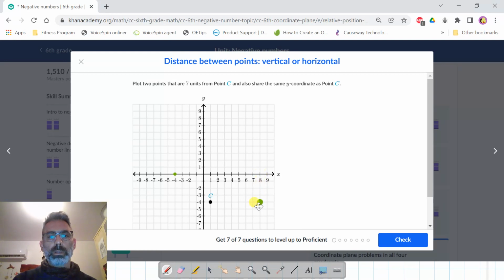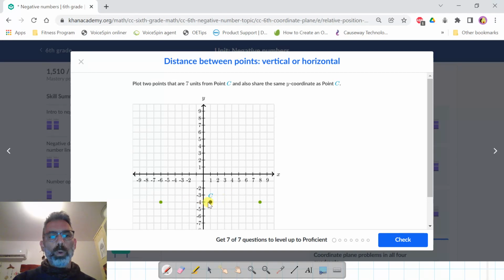So the distance of this point is 7 units away from C, and this point is on the same y coordinate as C. Now this point will be on -6.